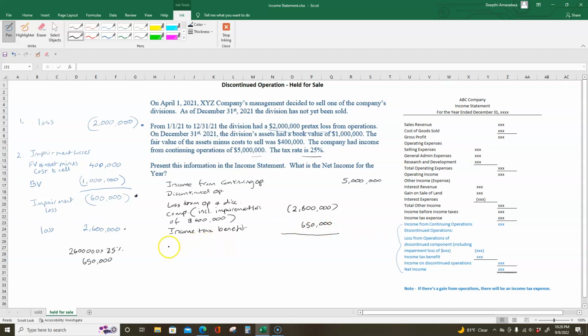This is going to be the loss on discontinued operations. The loss on discontinued operations is negative 2,600,000 plus 650,000. That gives us a loss of 1,950,000.